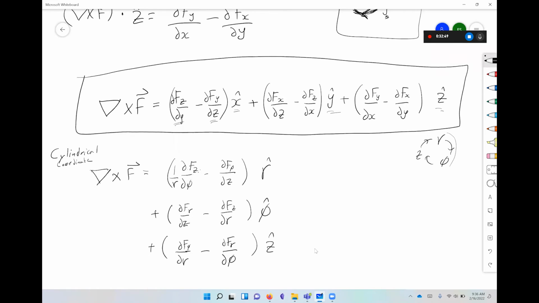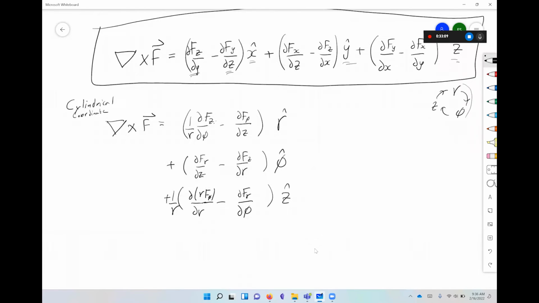However, for the z hat component, there's a factor of 1 over R here, and then instead of differentiating f phi, we differentiate R f phi. So there have to be some corrections peppered in to accommodate something that's different from the Cartesian system.